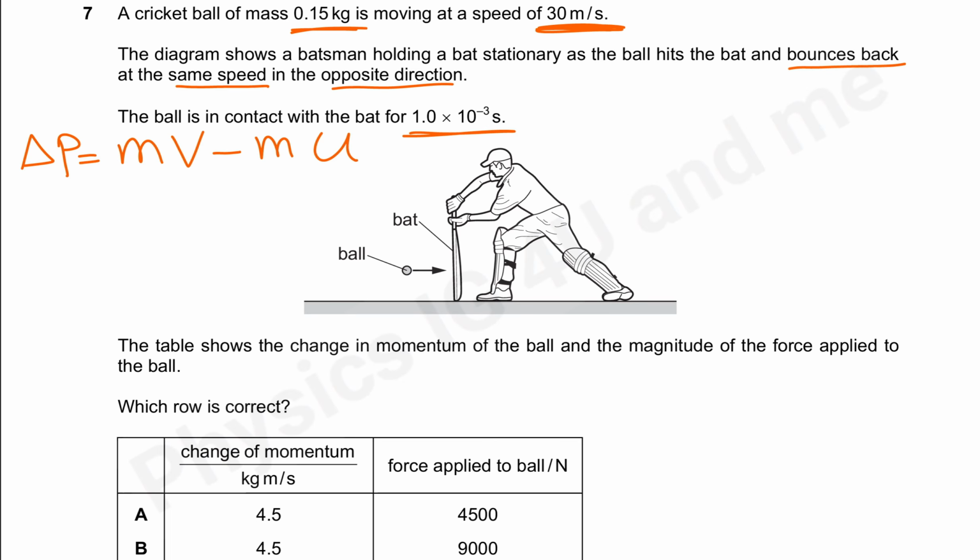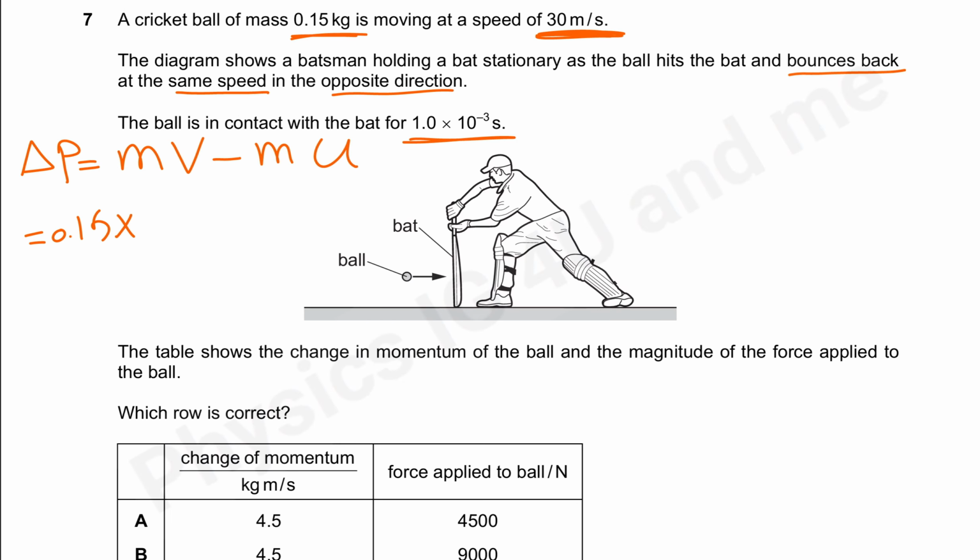So it is 0.15 multiplied by the final speed, 30, minus, again mass is 0.15, multiplied by the initial speed, which is negative 30. Why negative? Because they said in the opposite direction. The initial and final are in the opposite direction.